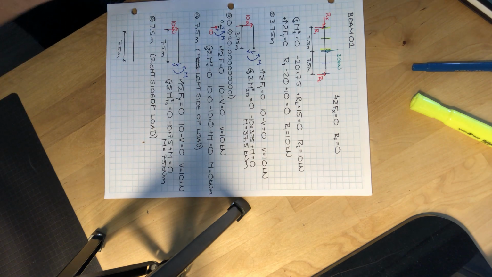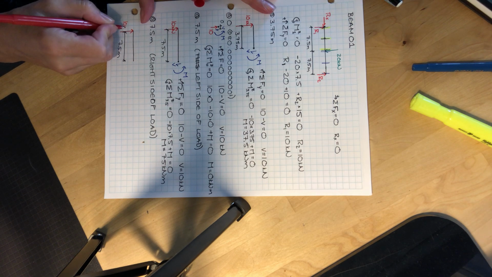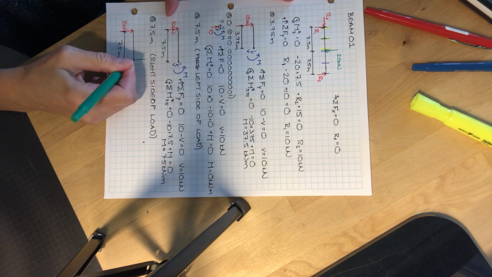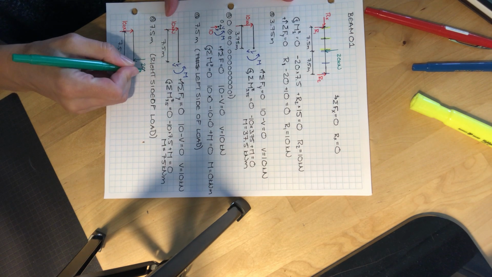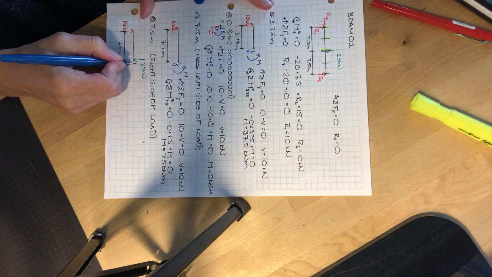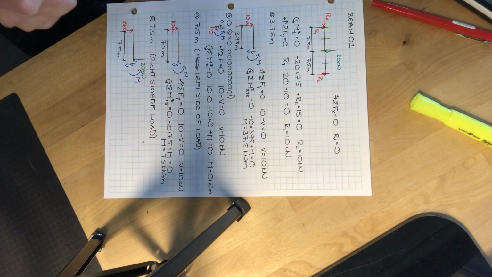So 7.5 meters, we've got our reaction of 10 kilonewtons. We've got our applied load of 20 kilonewtons, and we've got our unknown shear and our unknown moment.